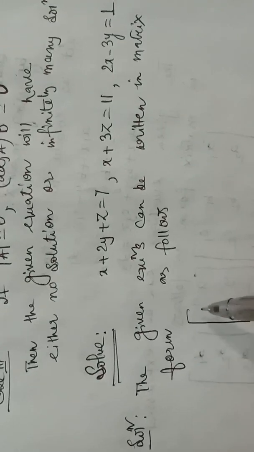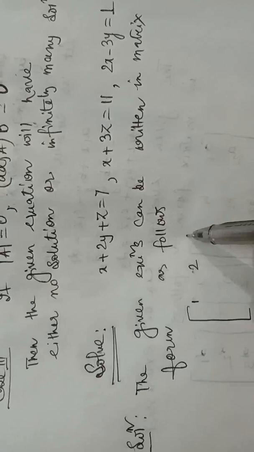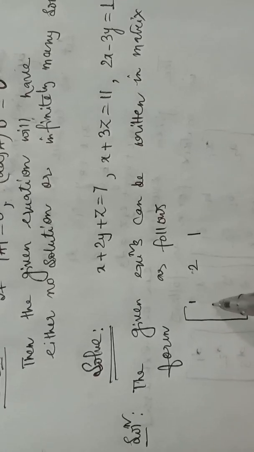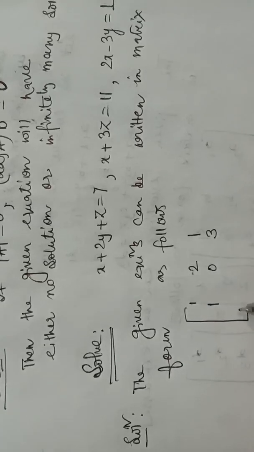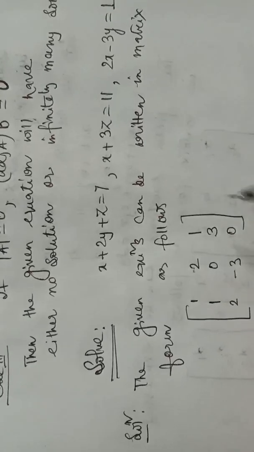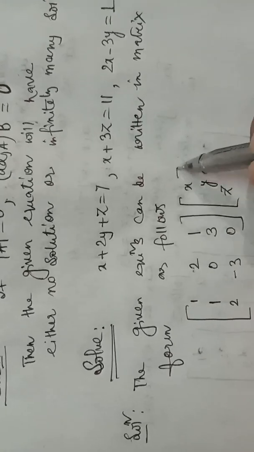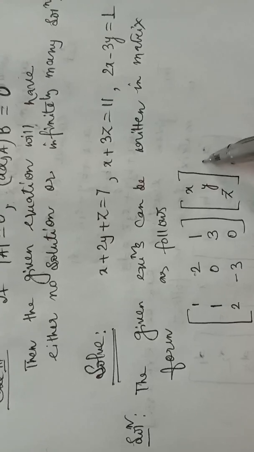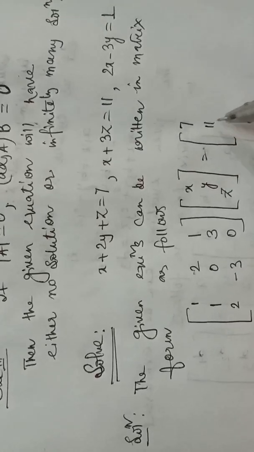First we write the coefficients. The coefficients of x, y, z in the first equation are 1, 2 and 1. In the second equation the coefficients are 1, 0 and 3. In the third equation the coefficients are 2, minus 3 and 0. Into x, y, z is equal to the right hand side, which is 7, 11, 1.